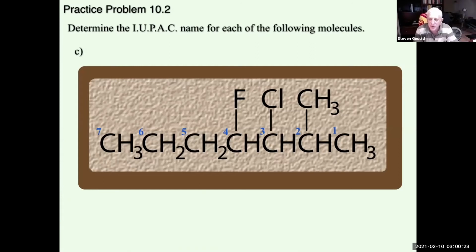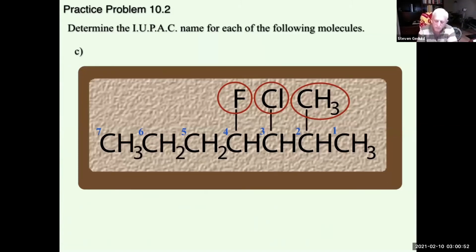Because the substituents, which are these here, have to be given the lowest possible numbers. This way they're 2, 3, and 4. If I went the other way, it would be 4, 5, and 6. So 2, 3, and 4 is lower than 4, 5, and 6. So this is a 7 carbon chain.